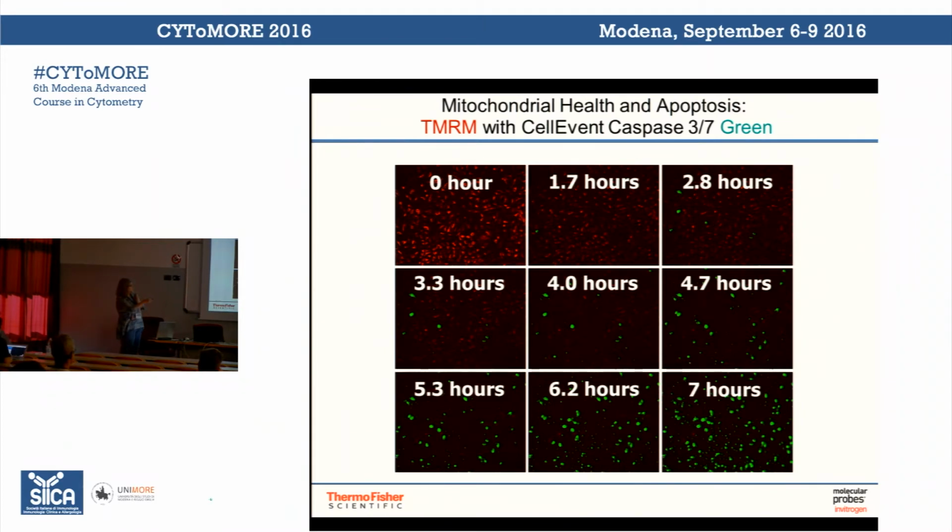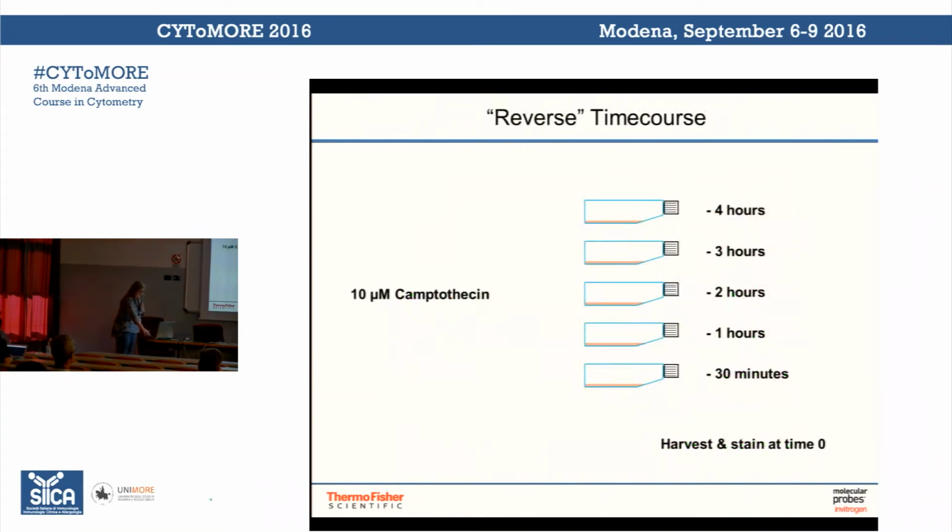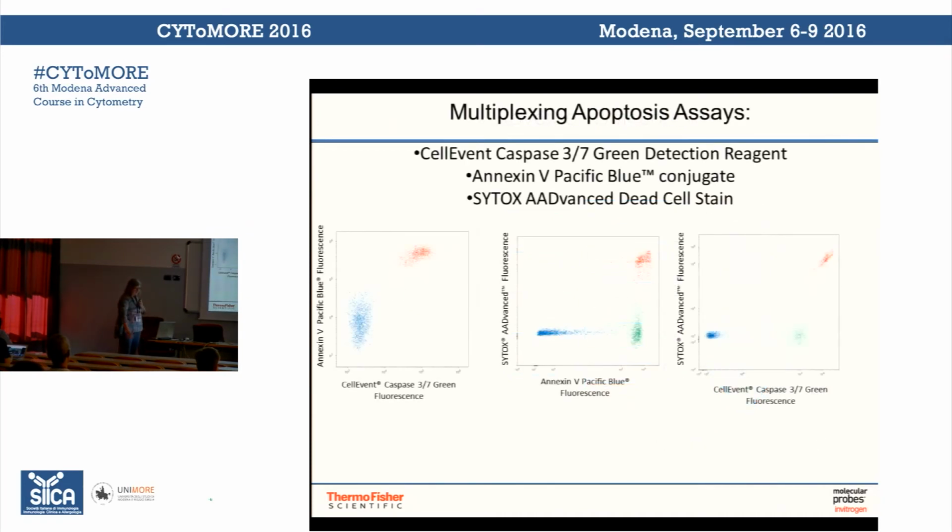And as you're developing, especially apoptosis, I'd really suggest doing some sort of a time course to really understand the model you're using and the particular assays that you might want to use for apoptosis and the times that those come up in. You can certainly do this with a reverse time course, so you can harvest and stain the cells all at the same time.